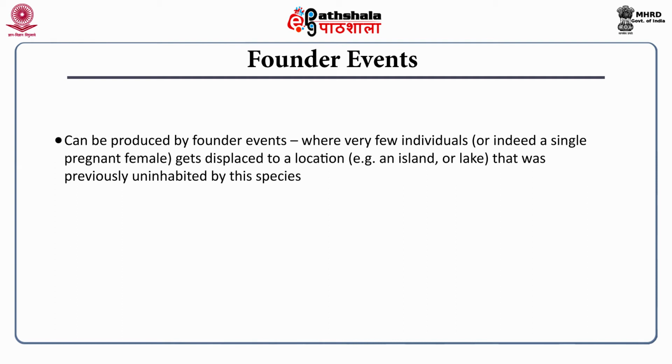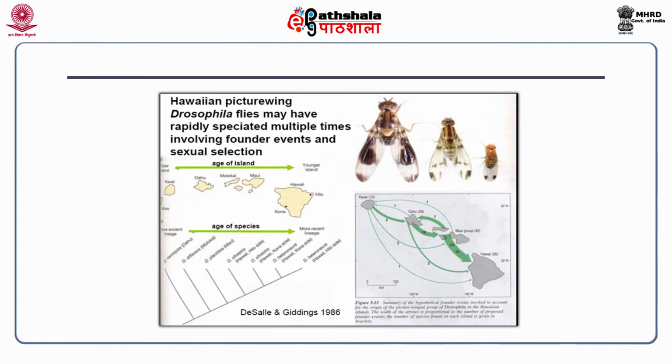Because which members get selected in the founder events is totally random, it's a stochastic process. So genetic drift plays a key role in the founder events. One example is the Hawaiian picture-winged Drosophila that was introduced from one island, the older island, to a new island, and then to the third and fourth island.